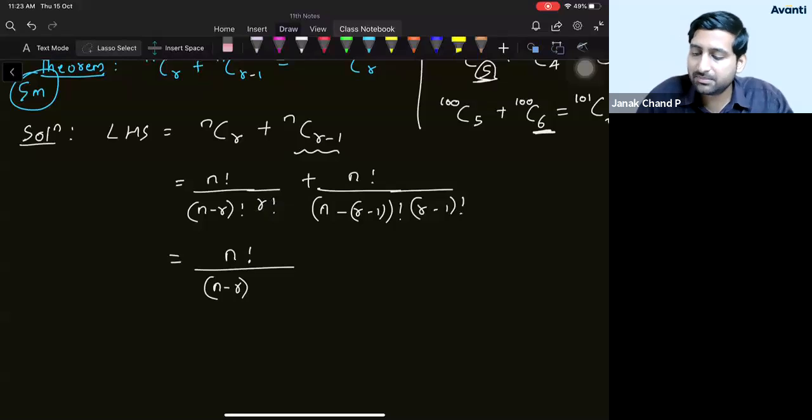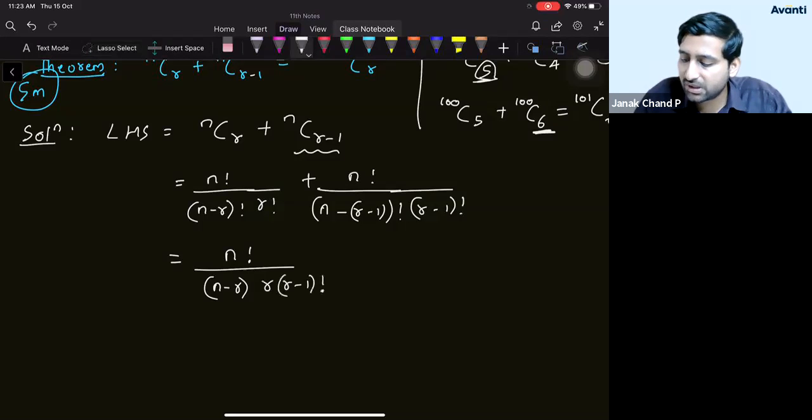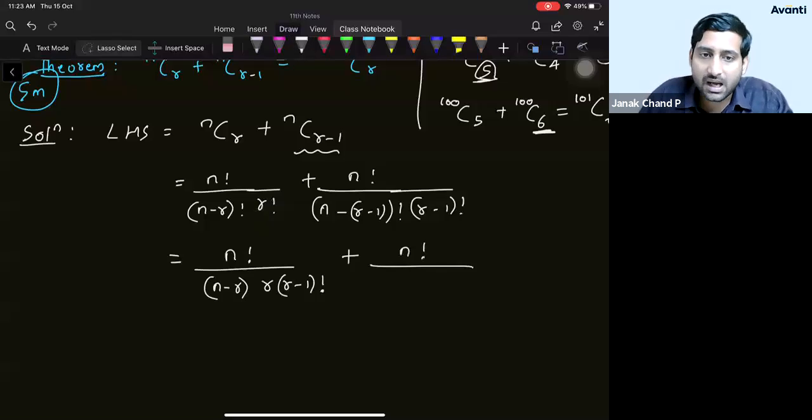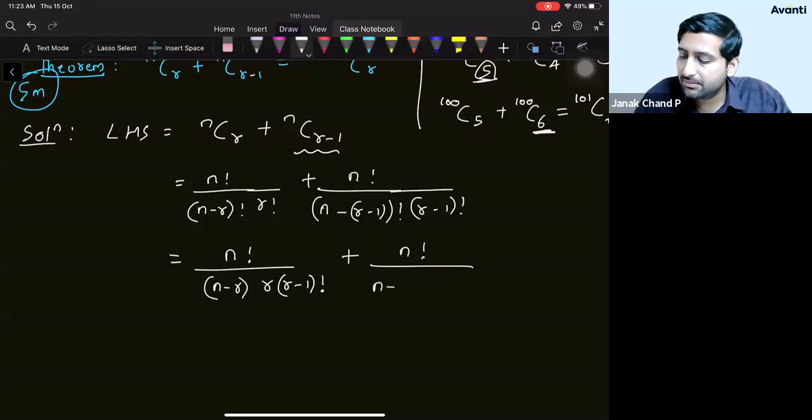So this can be written as r into (r minus 1) factorial. In the numerator, n factorial is there. Now, if I multiply this minus sign inside, this minus will go and attach to this. So you will get here (n minus r plus 1) factorial into (r minus 1) factorial.